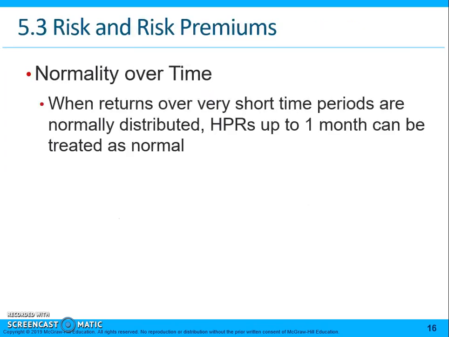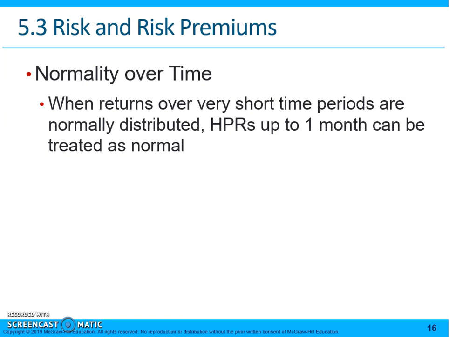Normality over time. When returns are over short time periods, they are normally distributed. Holding period returns of 1 month can be treated as normal. I assure you that investors and brokers and so forth treat holding period returns certainly up to a year as normal.